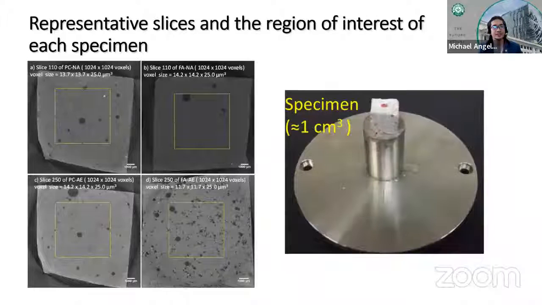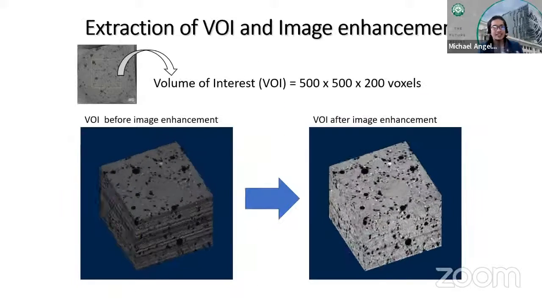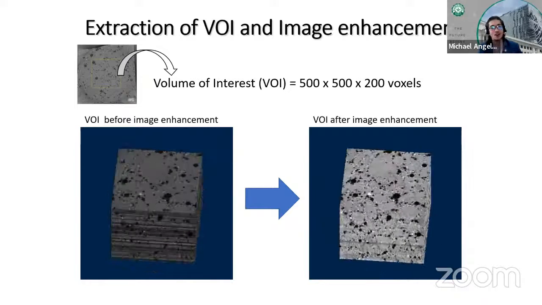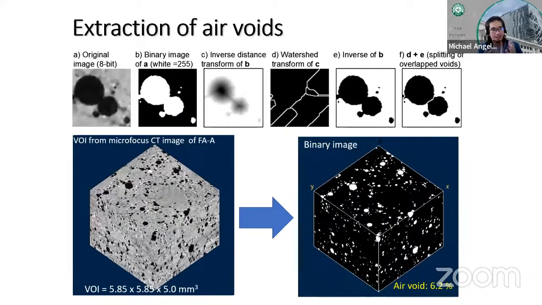This is just an illustration of how we were able to generate the CT images, and you can see some artifacts, but you can still extract some data through image processing analysis at the volume of interest, and of course apply some additional image analysis techniques. This time we applied distance transform and watershed algorithm to segment and separate the air void objects, as you can see here.